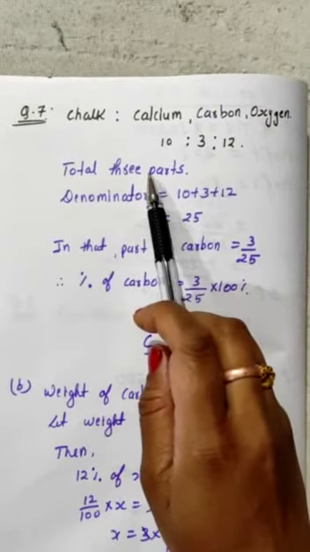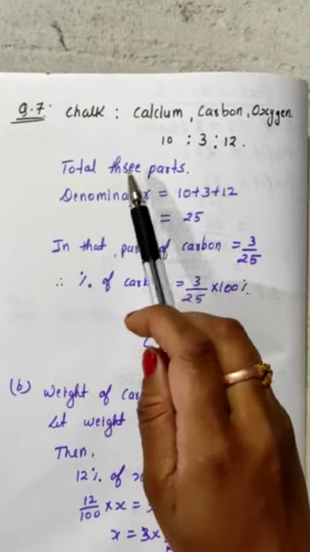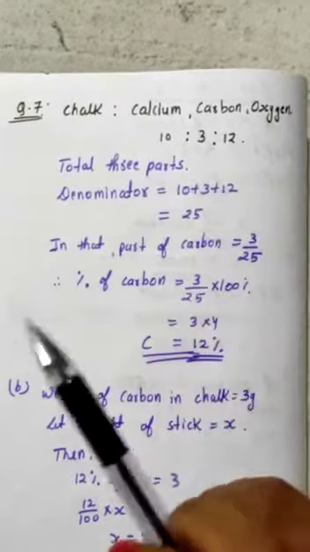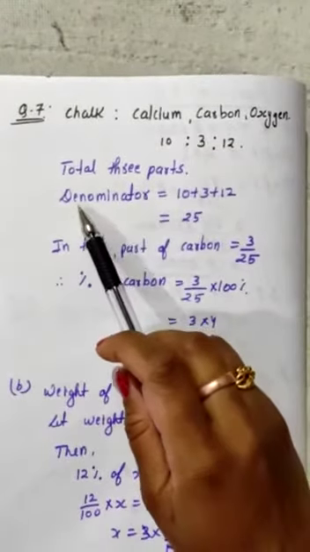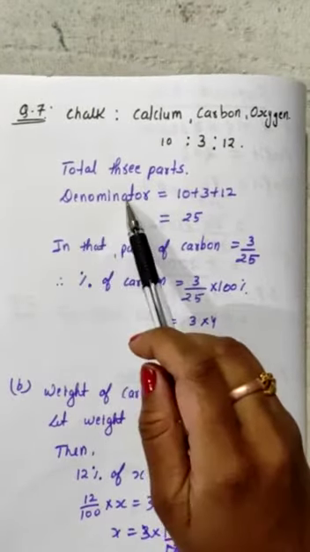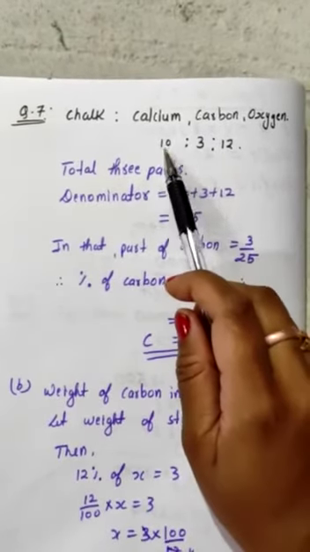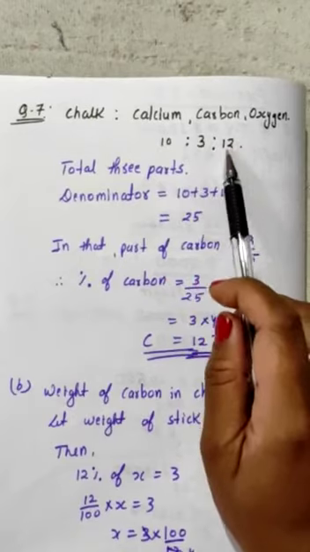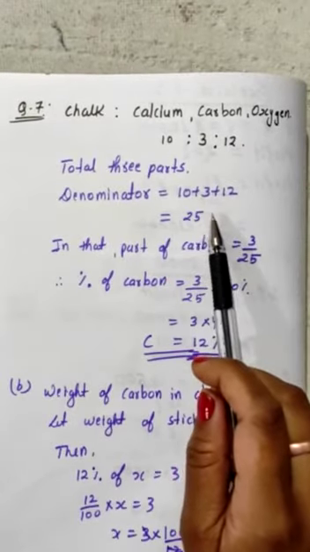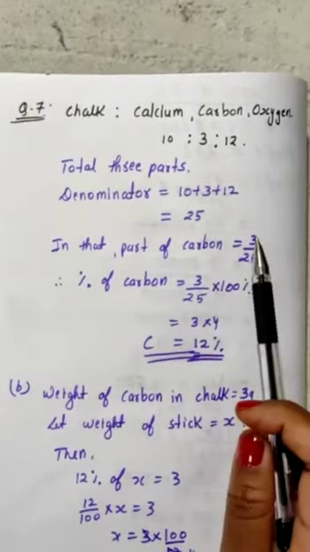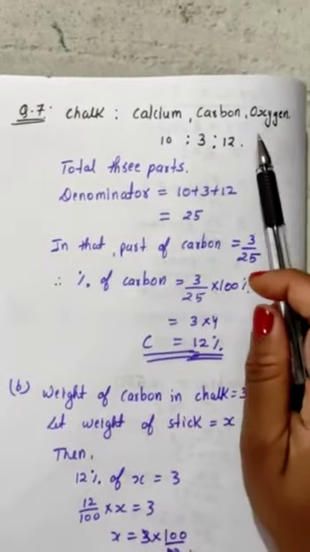If you remember, we have done a question of this kind previously in the same exercise. So first you will calculate the denominator, which is the sum of all 3: 10 plus 3 plus 12, which gives you 25.